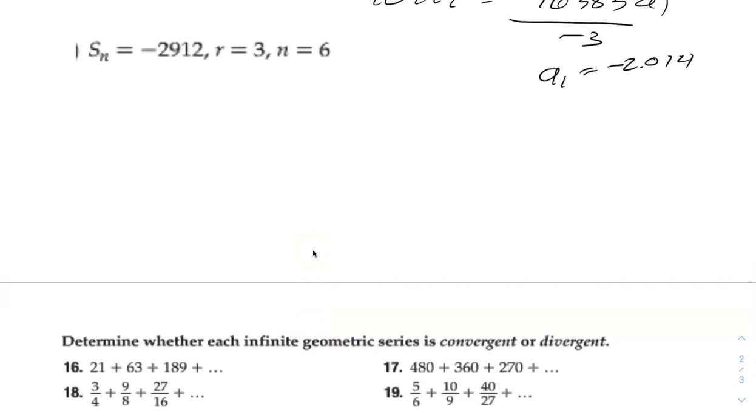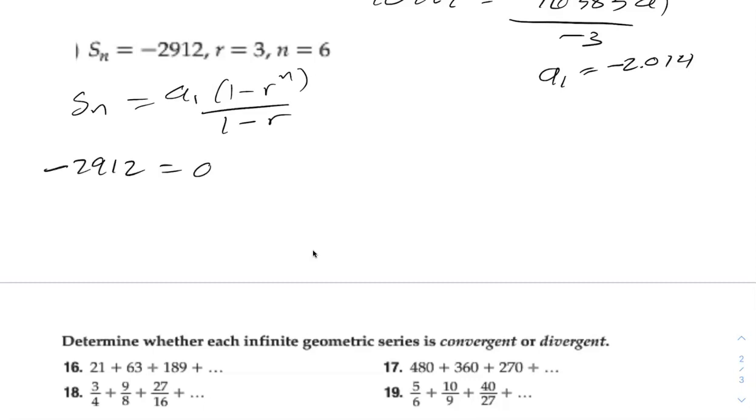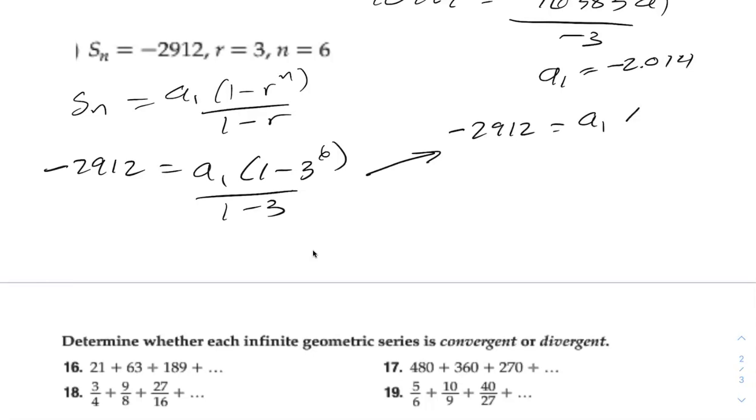This is the exact same question. Sn equals A1 times (1 minus R to the N) over (1 minus R). Again, you have everything except for A1. Just plug it in. So essentially I have negative 2912 equals A1 times (1 minus 3 to the 6) over negative 2. So we're going to multiply by 2 and divide by that.